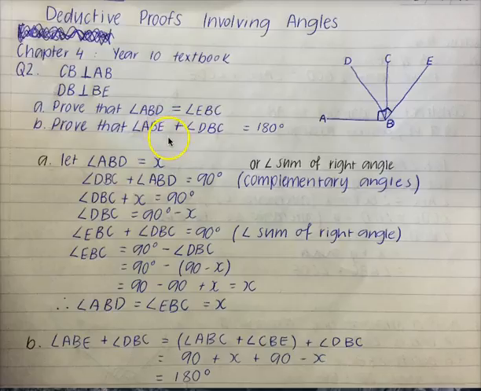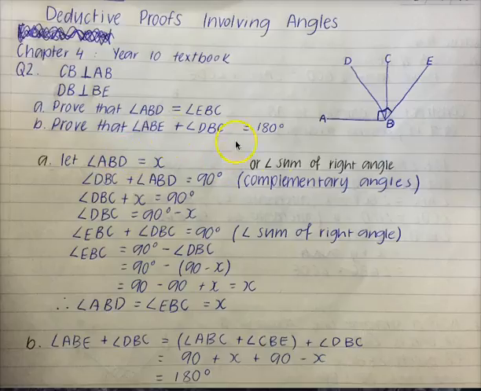And then in part B, we're asked to prove that this angle ABE plus angle DBC, so the big angle there and this small one in here, DBC, that when you add them together you get 180. Notice again, we don't have any values.